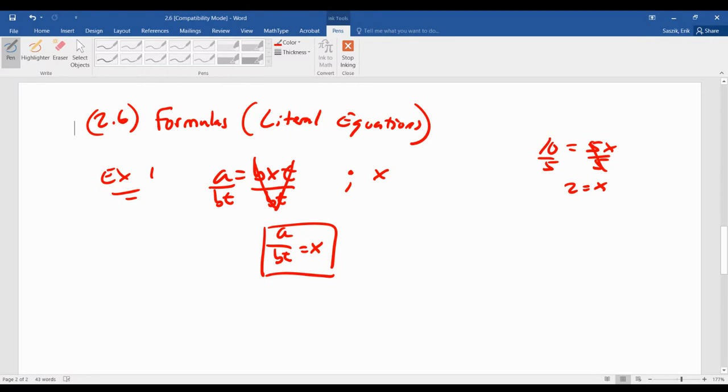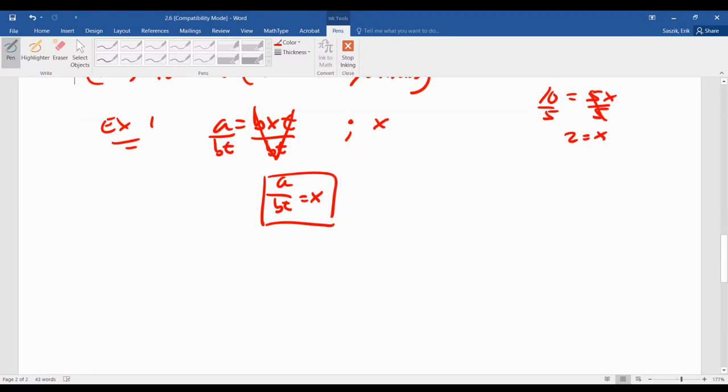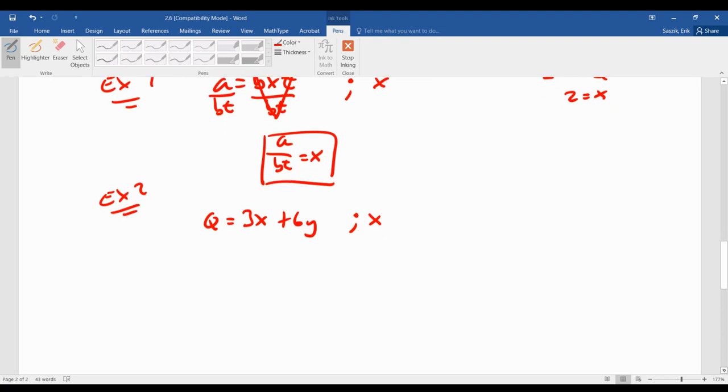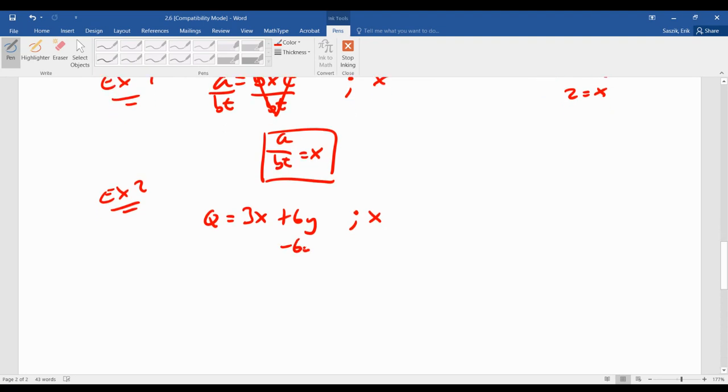In some ways, these things can be a little bit easier because there's not always as much arithmetic to do, because there's not as many numbers. This one has numbers as well as multiple variables. Okay, we're going to solve for x. All right, no big deal. Move this over. What's different here is we don't know what q minus 6y is.